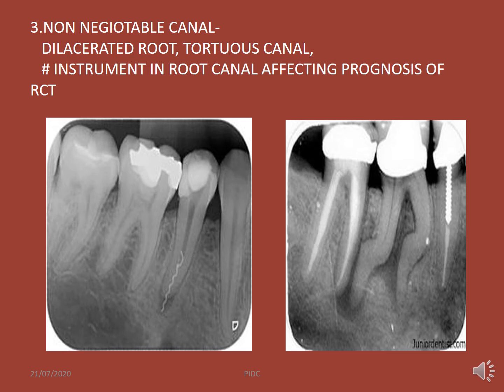Certain conditions like a severely curved or dilacerated root, where you will not be able to clean the root and fill it, tortuous canals, or an instrument which has been broken within the root and it is not possible to retrieve it.